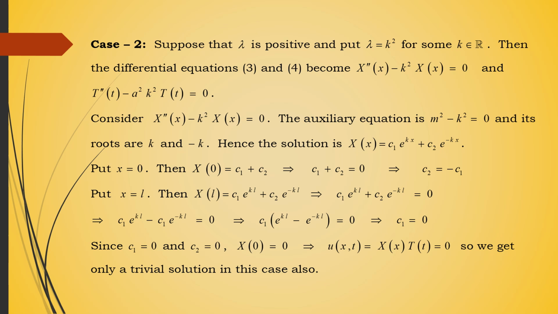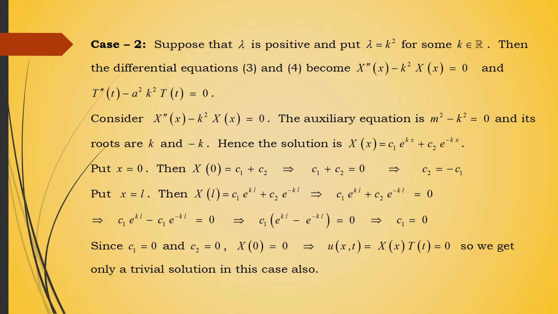Hence, X of x equals c1 e power kx plus c2 e power minus kx becomes 0. So, capital X of x equals 0. Consider u of x comma t equals X of x times T of t and substitute X of x equals 0.